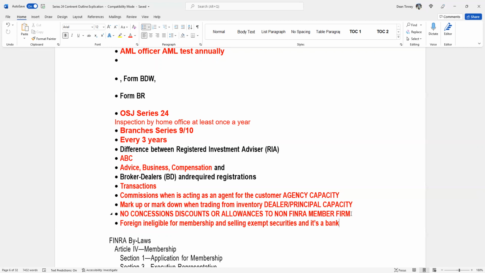Most banks want to do other things besides selling munis or underwriting munis, and therefore they set up broker dealer subsidiaries. But if we were selling muni bonds and I'm the broker dealer and FINRA and the SEC says, did you give a concession, discount, or allowance to a non-member? I say, yes, it was a bank and we were selling municipals. So those are the two testable exceptions.